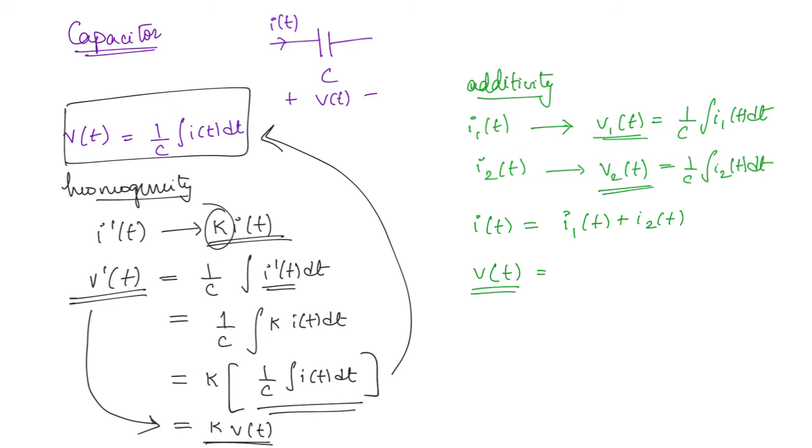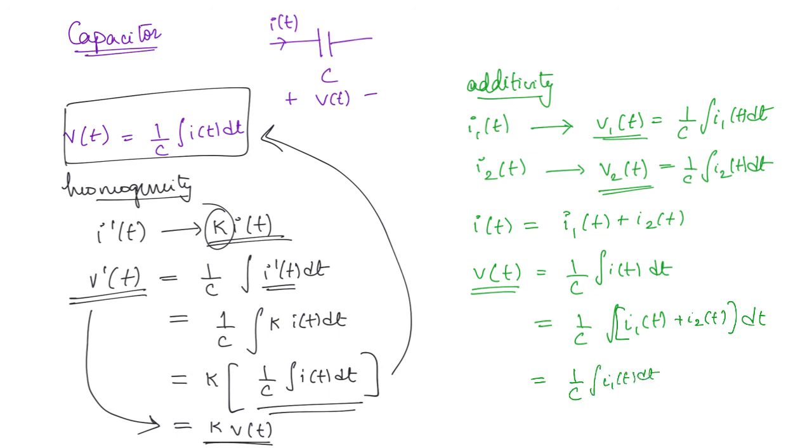So V of t is equal to 1 by C integral I of t dt. So this will be equal to 1 by C integral I1 of t plus I2 of t, the entire thing is integration. So you can separate the integration. So you will get 1 by C integral I1 of t dt plus 1 by C integral I2 of t dt.